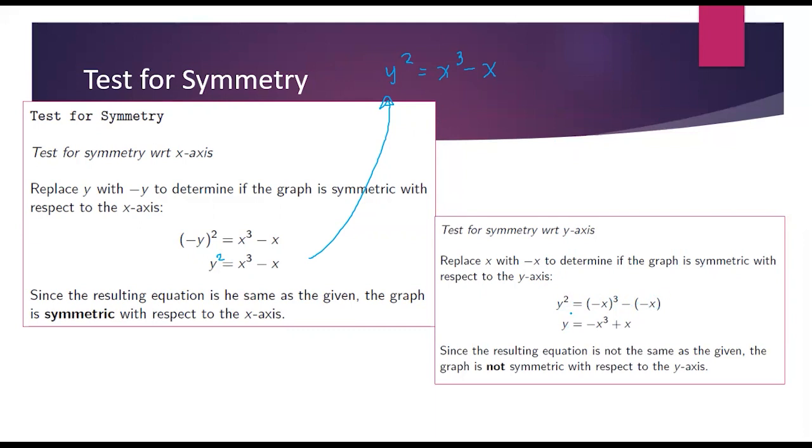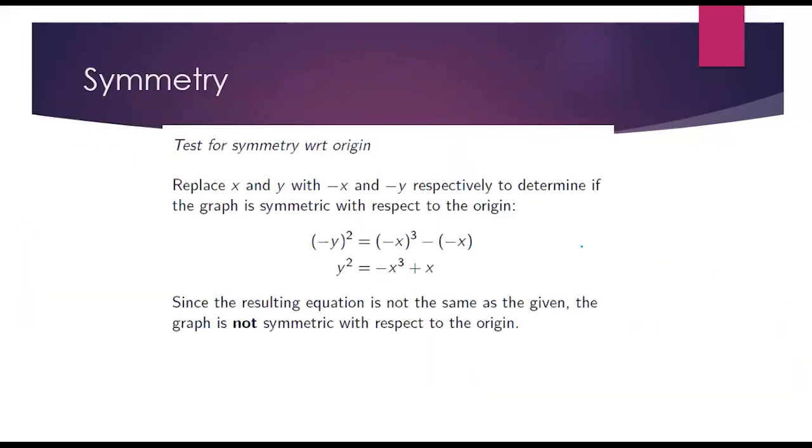So this one will give you y squared is equal to negative x cubed plus x, which is not the same as the original equation. That means this one is not symmetric with respect to the y-axis.